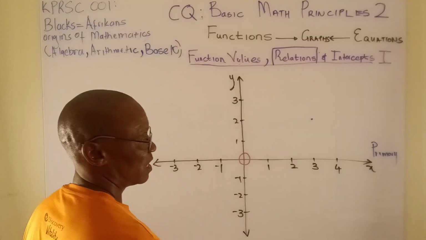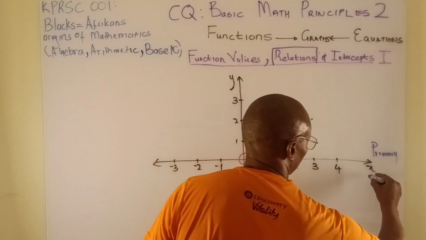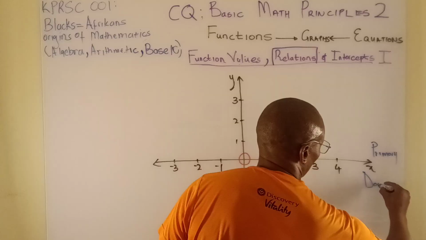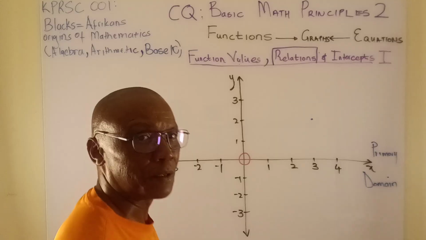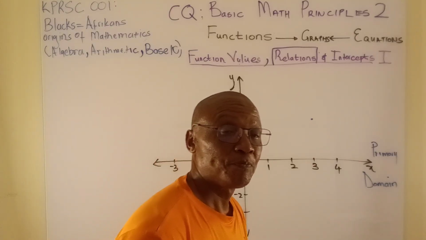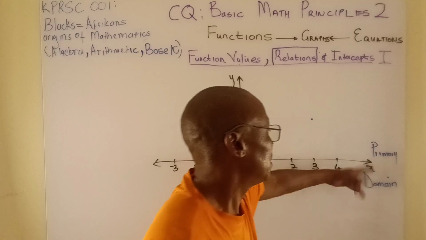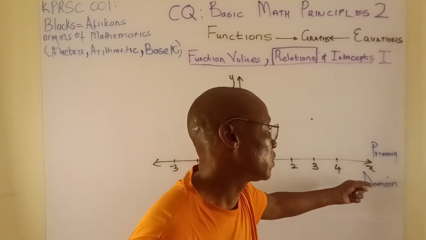Now I want to bring in another term. Maybe it's too early, but so that you get used to it. This is called the domain. I'm going to use them interchangeably so that you get used to this.